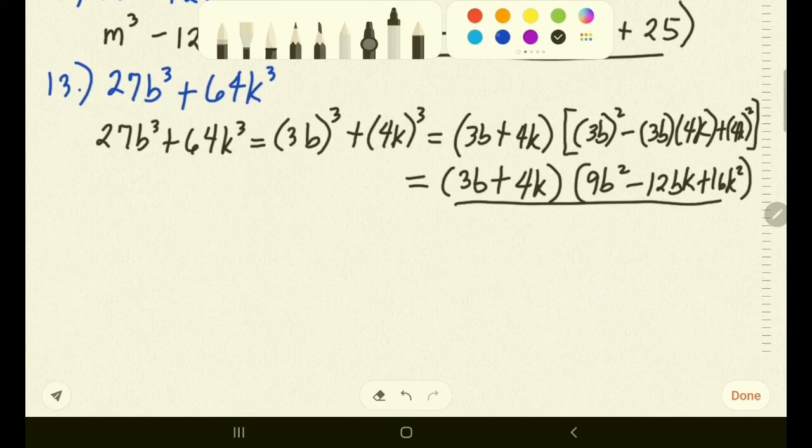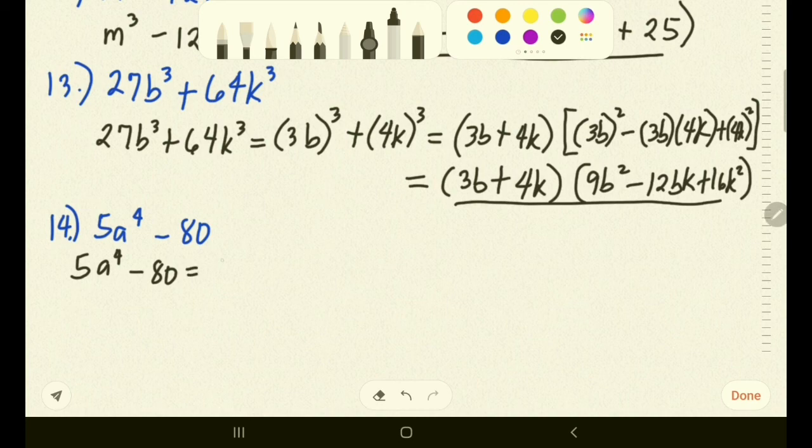Okay, let's have here number 14. For number 14, you're asked to factor 5a to the power of 4 minus 80. Okay, in this case, class, this is not difference of two squares nor difference of two cubes. So maybe they have GCMF. Yeah, they have the GCMF.